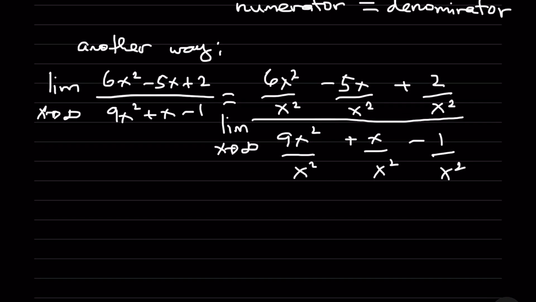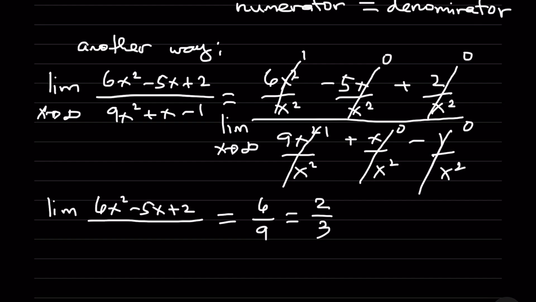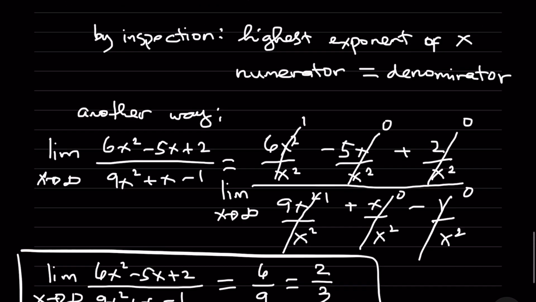Now, take note that x squared divided by x squared is equal to 1. Now, for those terms that have an exponent of x, if you get the limit of that as x approaches infinity, it approaches 0. So you're just left with 6 over 9, which is equal to 2/3. That's the final answer.